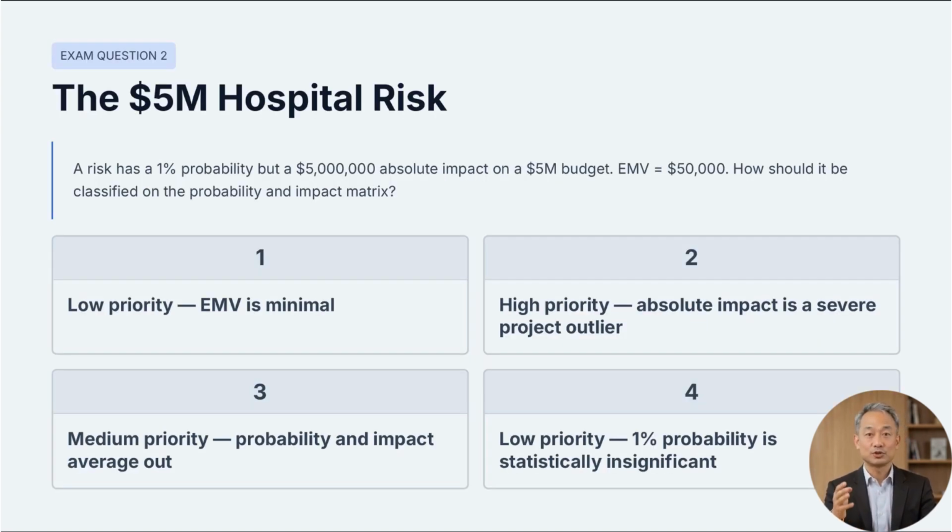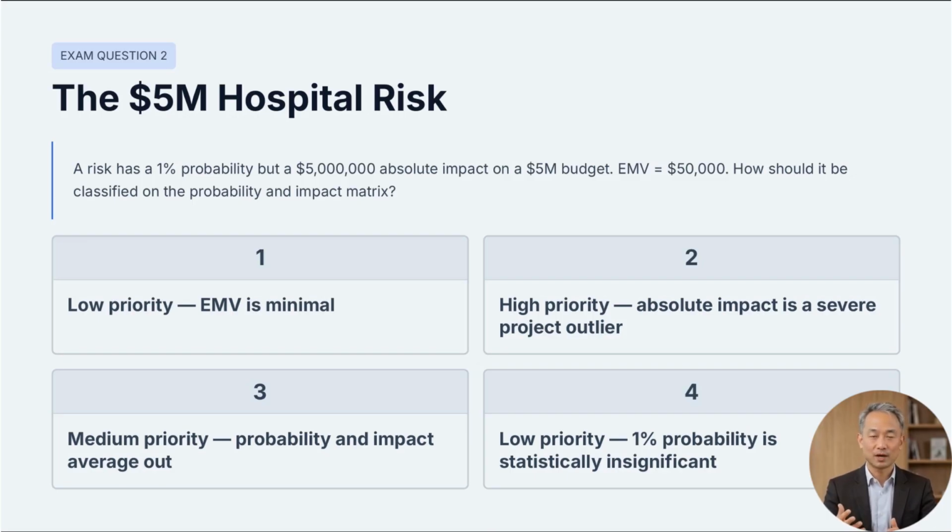Question 2. During an international hospital build with a $5 million budget, a risk is identified with a 1% probability of occurring, but it carries an absolute impact of $5 million. The expected monetary value is calculated at $50,000. How should this risk be classified on the probability and impact matrix?